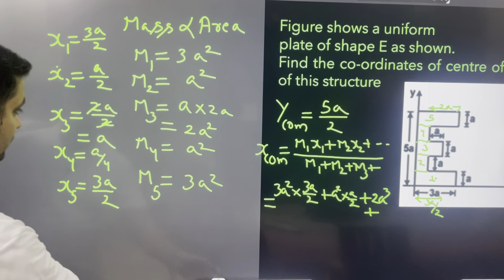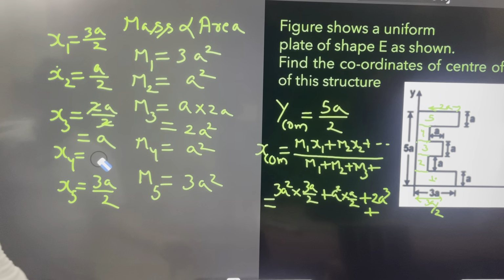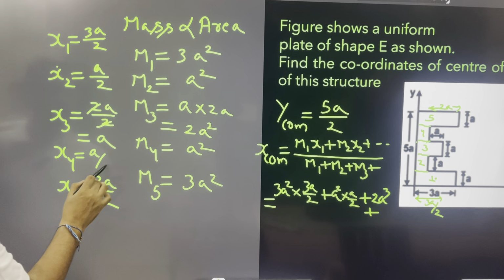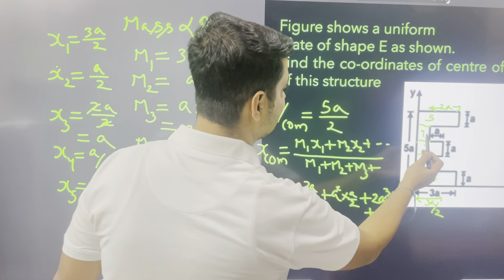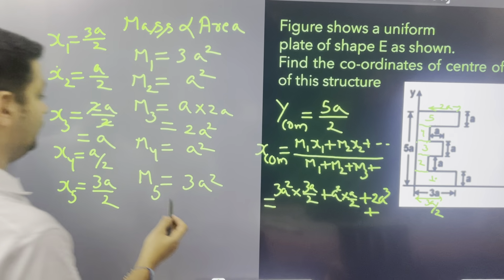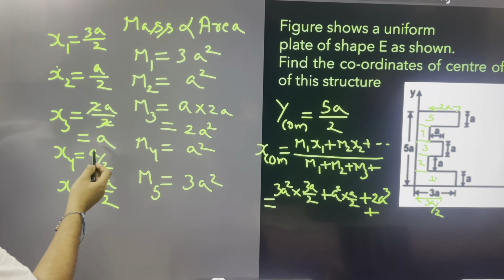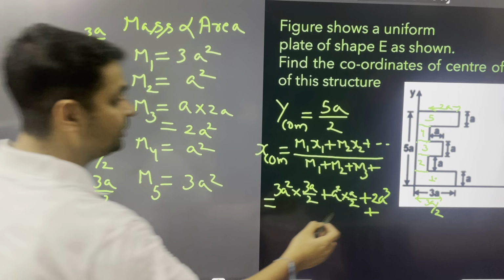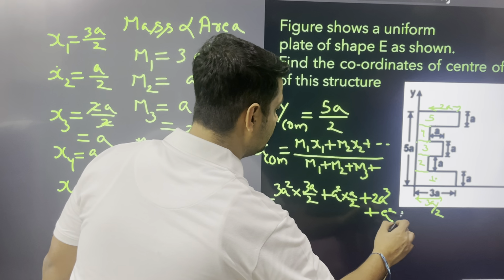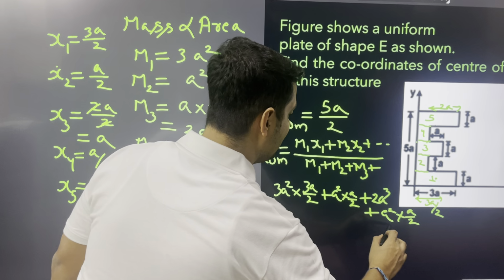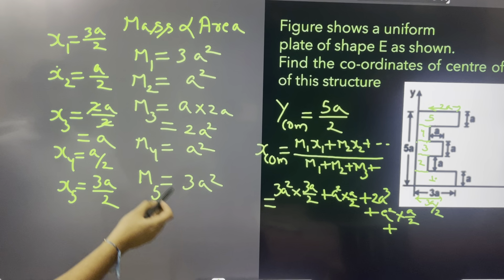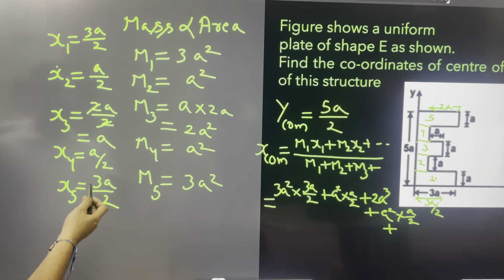It is a by 2, because from the y axis this is a length, so a by 2. So it is m4, a square into a by 2, correct? Then plus m5, see here, m5 is 3a square into 3a by 2.